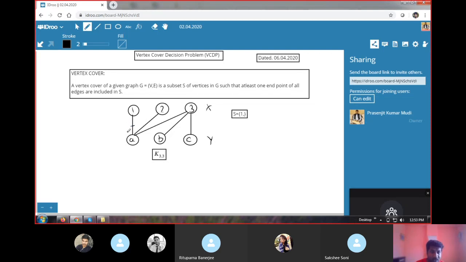My logic is, if you want to cover an edge, at least one endpoint of this edge must be included in that set S. So each edge will have two vertices, and at least one vertex you include in the subset. You can include both of them, 1 and A, but it is sufficient to include either 1 or A. So let's include 1. So this is covered.